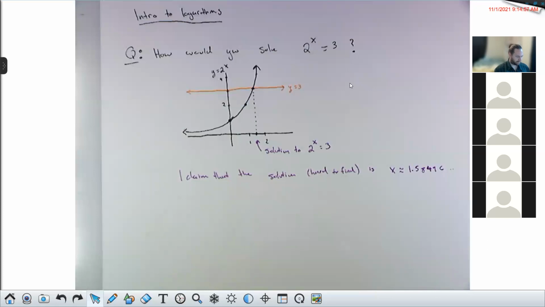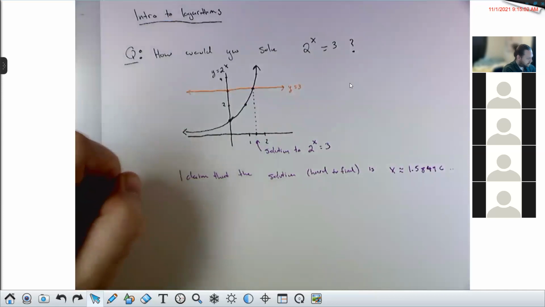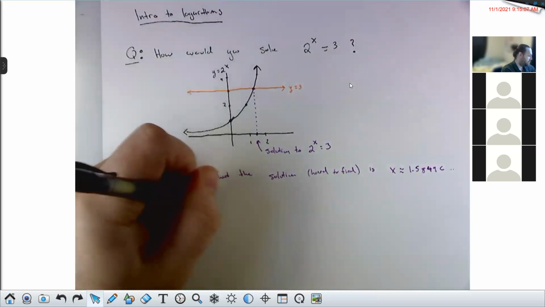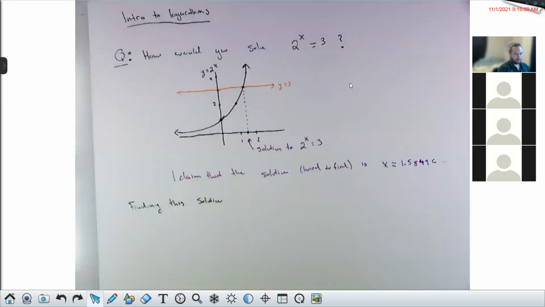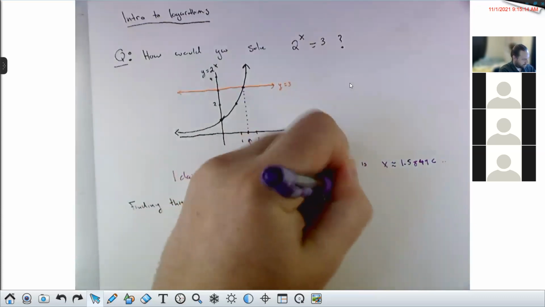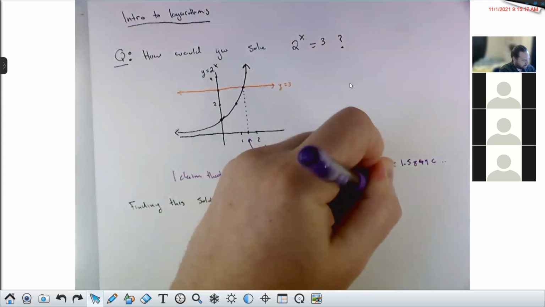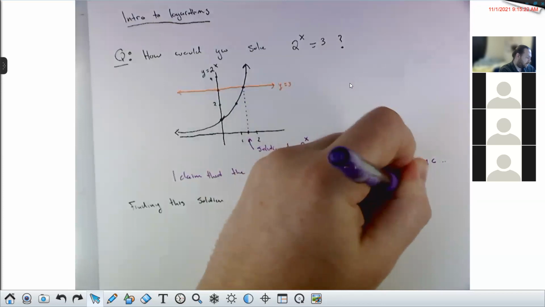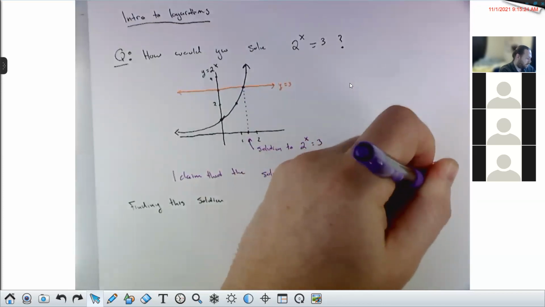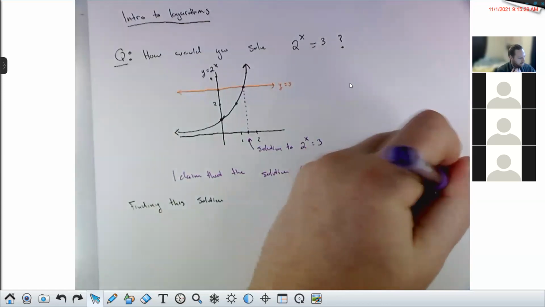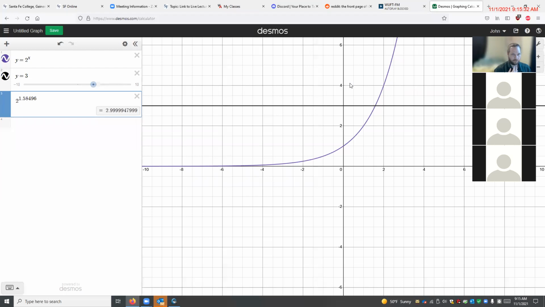But before I let you go for the day, I'll tell you that finding this solution, and indeed two raised to the 1.58496 is like 2.9999. I think we had at least four 9s there, and there's a 4 somewhere. It's very, very close to 3.